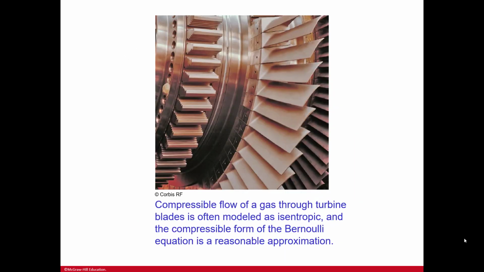So here, compressible flow of a gas through turbine blades is often modeled as isentropic, and the compressible form of the Bernoulli equation is a reasonable approximation.